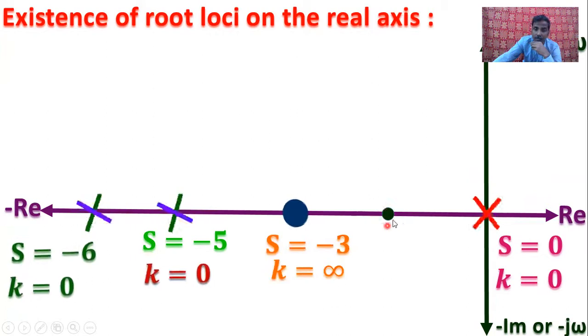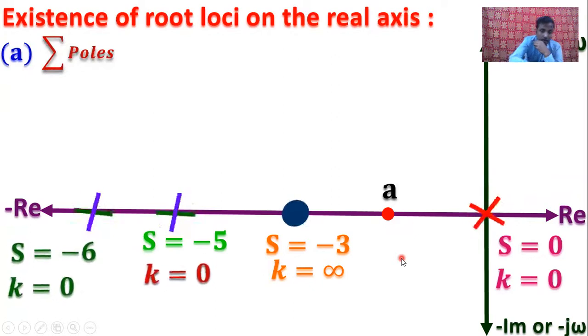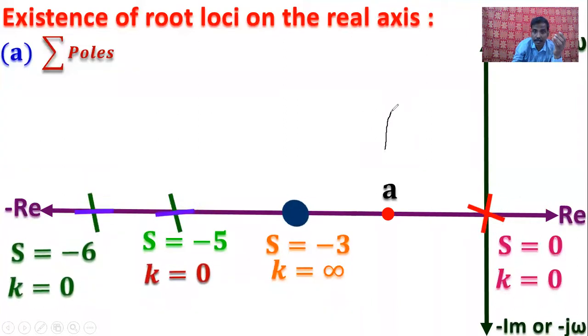Suppose this is a point, point A. With respect to this point A, calculate whether the root locus exists in between s equals 0 and s equals -3. This is our target.